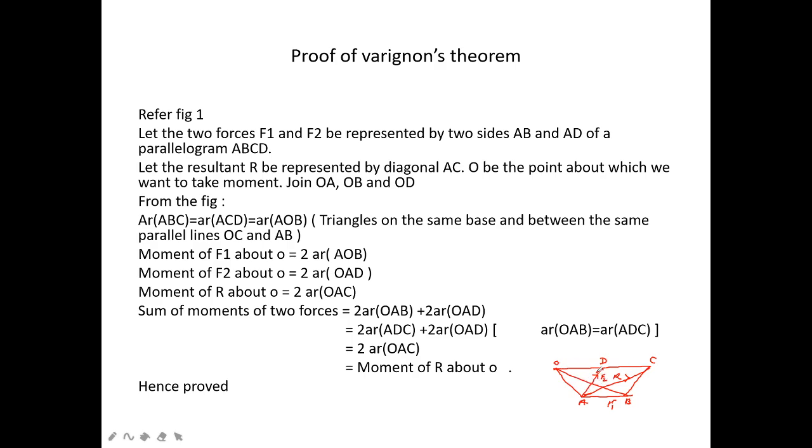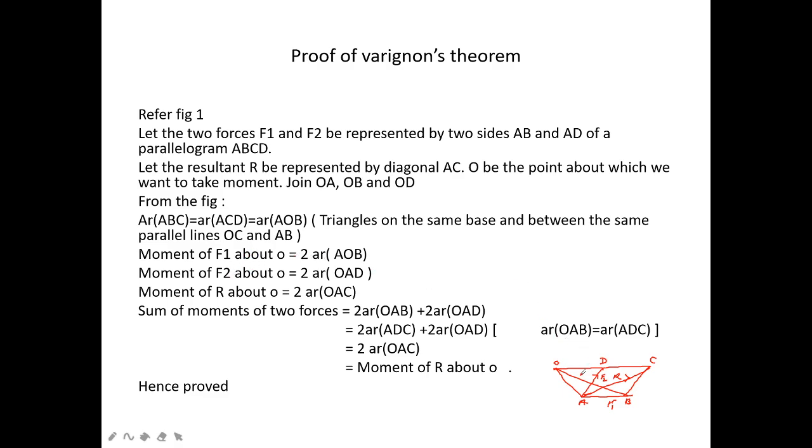Now from these two equations, what you will get: area of OAB equal to area of ACD equal to area of ABC. So area ABC equal to area ACD equal to area AOB.